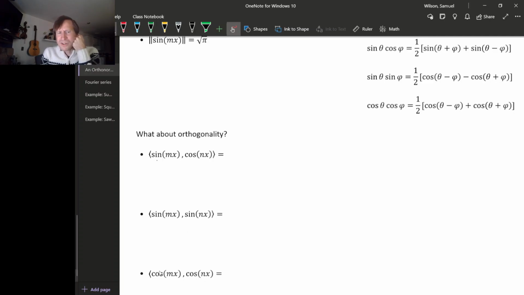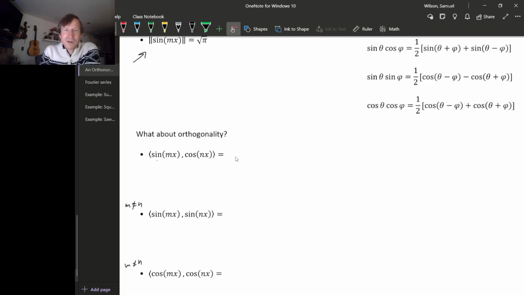If they're both sine or both cosine functions, we get to add an assumption that m and n aren't the same, because if m is equal to n and we have both sine functions, then this integral is just the square of the norm, and we already know what that is. So for these two, we add the assumption that m is not equal to n.